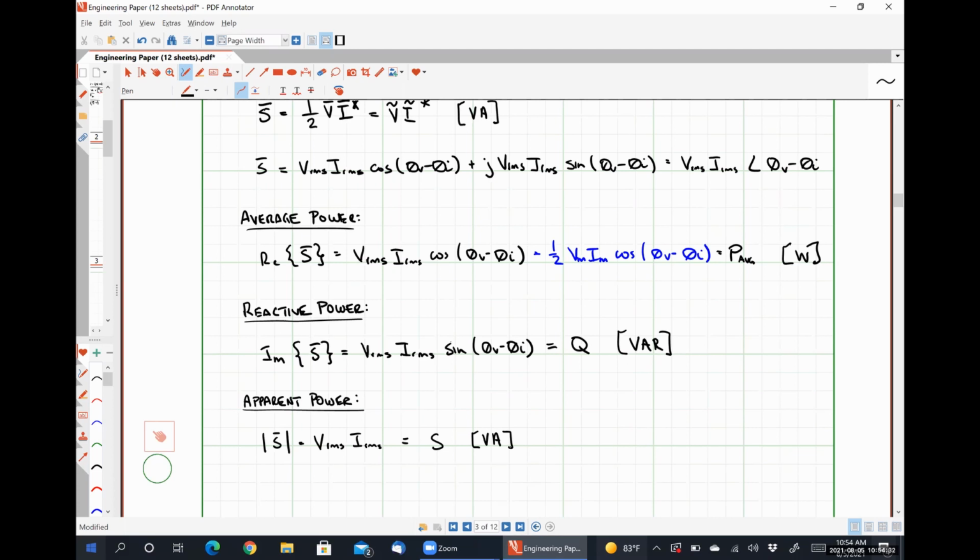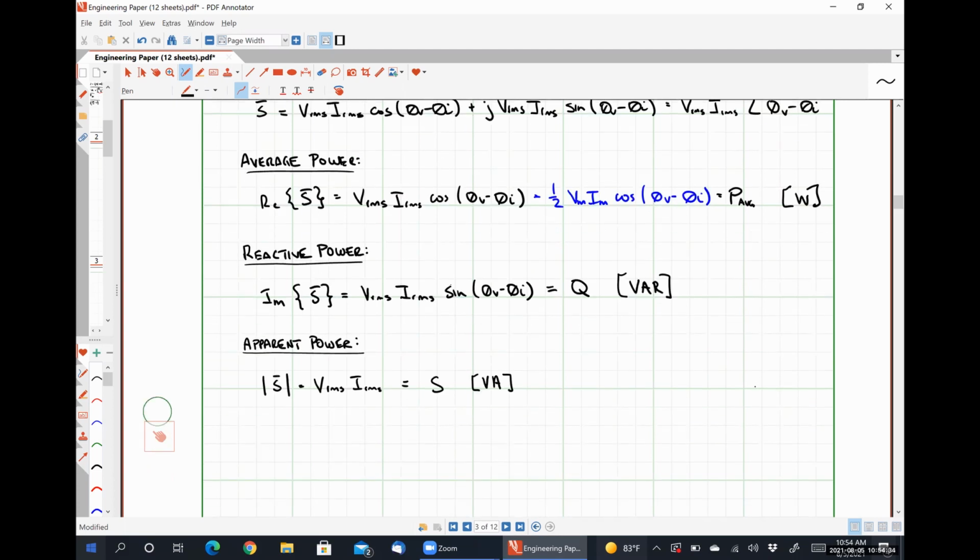All right. Our last thing here that we're going to talk about is what's called the power factor. So the power factor at which an electrical element or network operates is a measure of the efficiency of power transmission to and from the network.